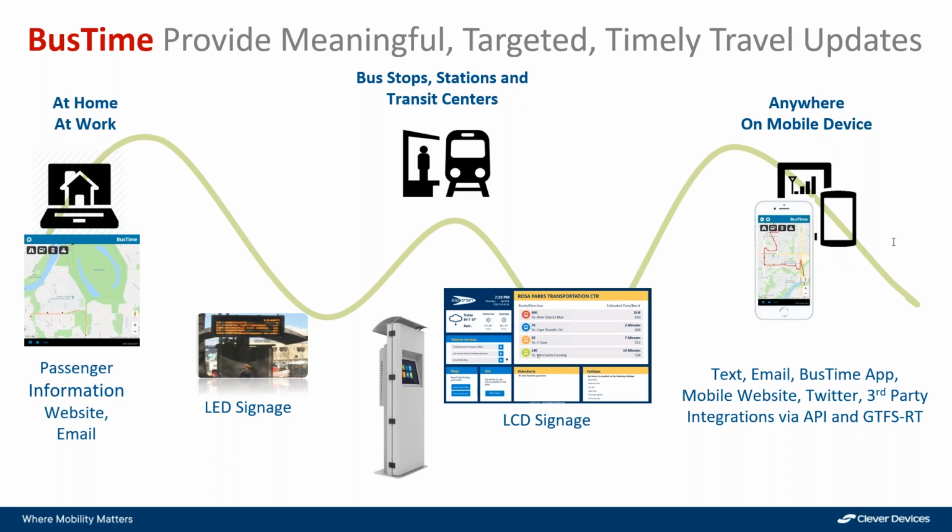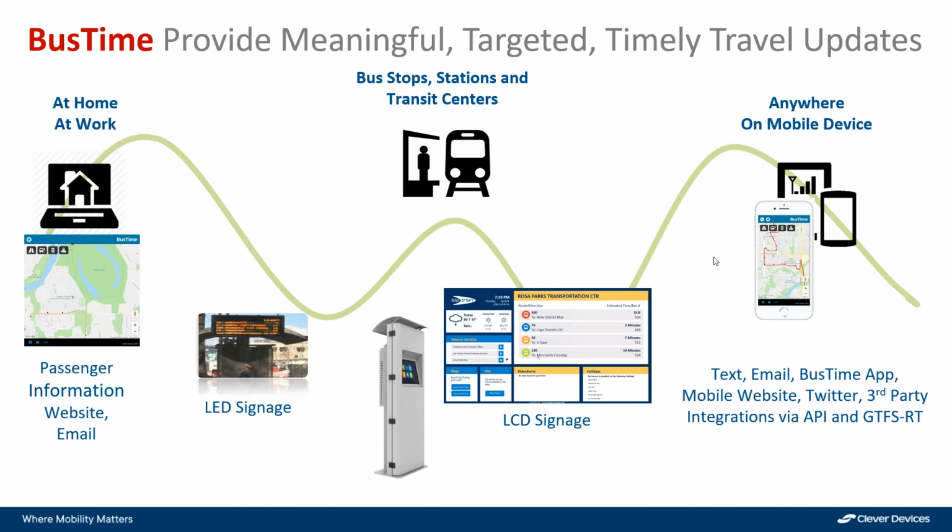I wanted to start with a high-level view of how and where BusTime allows for riders to be communicated with. Each of your properties will have unique configurations and different BusTime features enabled, and this overviews the entire ecosystem of passenger communications available. Starting at home or at work, from a PC, there's information available via websites and email alerts.